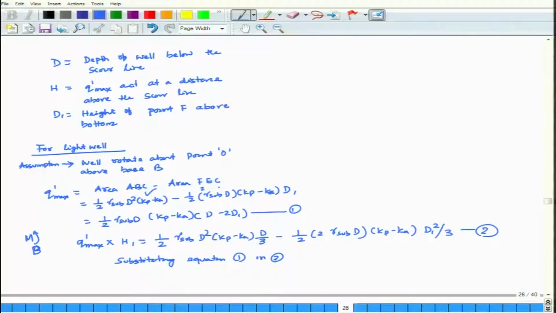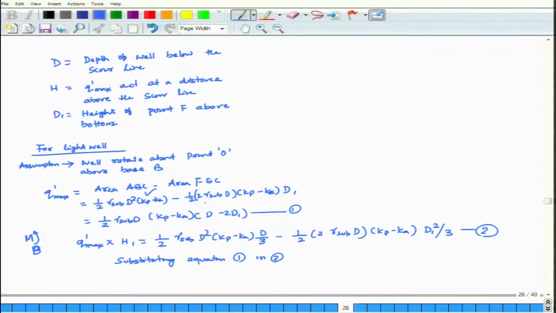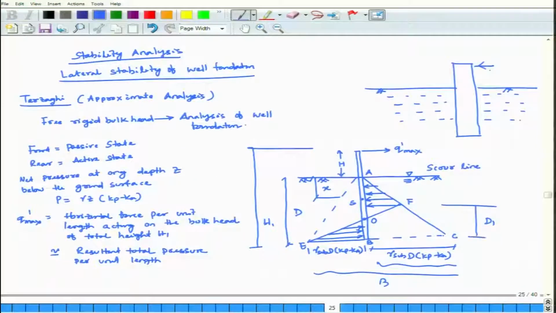Then area FEC. If I take FEC, the total base will be 2 times gamma submerged d (Kp minus Ka), into d1. This is the height d1.